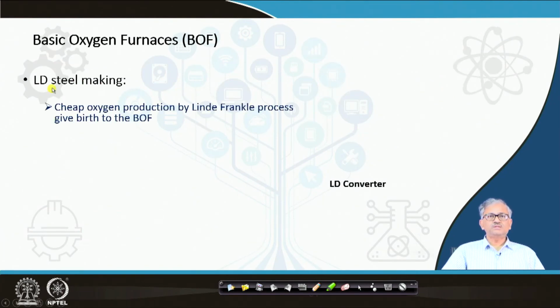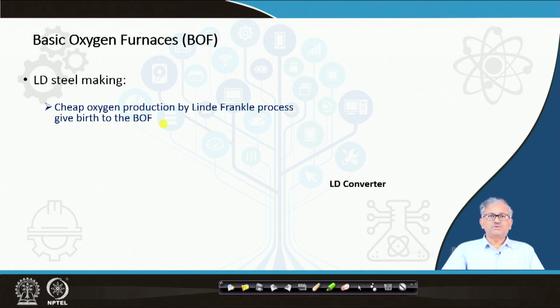So this is the basic oxygen furnace, and oxygen first came into the picture when the cheap oxygen produced by the Linde-Frankel process gave birth basically to the BOF process, because the Linde-Frankel process brought very cheap oxygen. From here they could separate the oxygen in a cheap way.